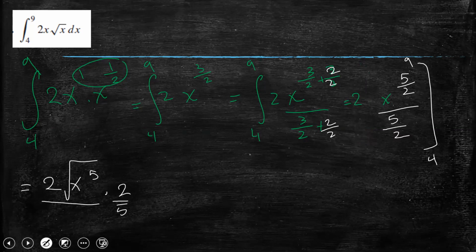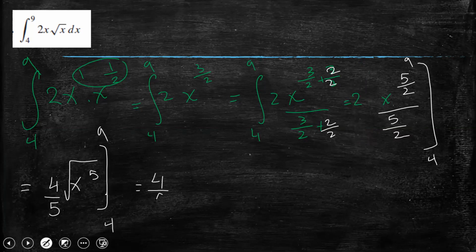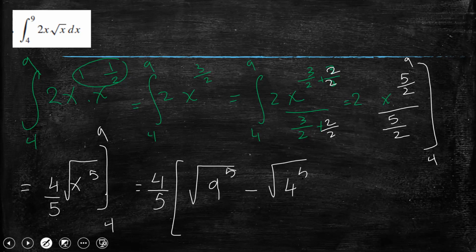So it will be 4 over 5, from 4 to 9. 4 over 5 times the square root of 9 to the power 5 minus the square root of 4 to the power 5. So the square root of 9 to the power 5 is 243 minus the square root of 4 to the power 5, which is 32. So the final answer is 211.